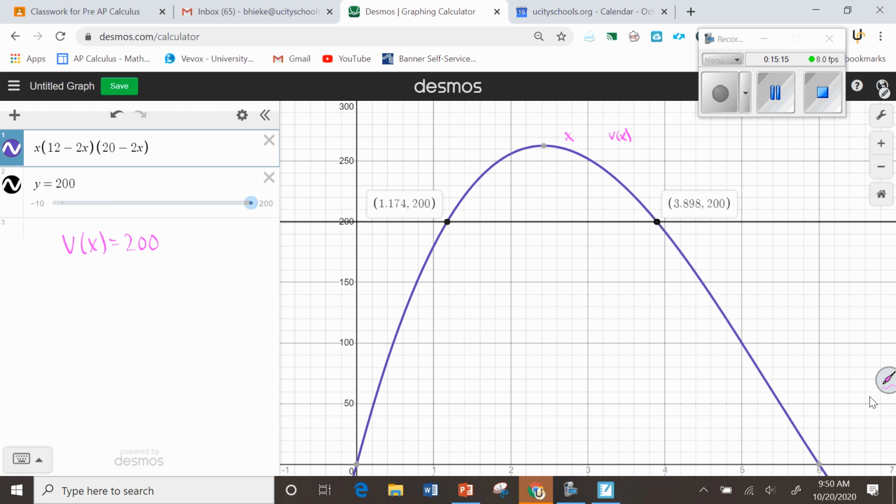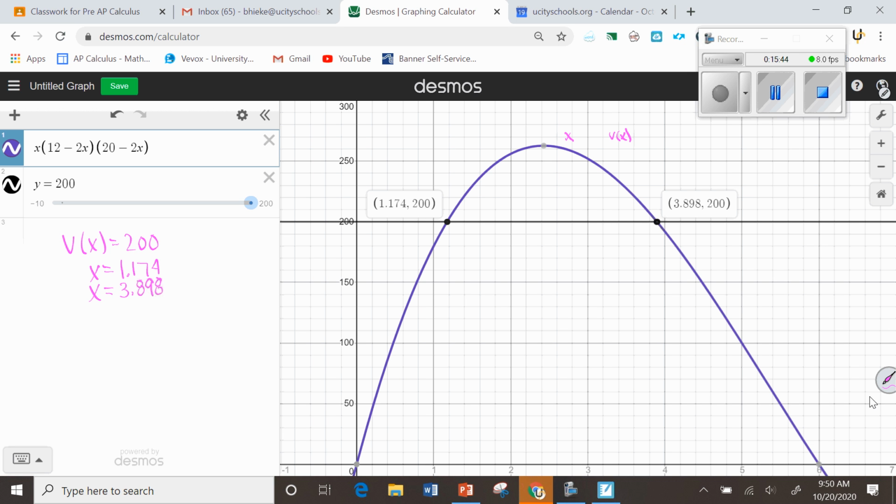This is very similar to the greater than and less than 0 problems we've done. So the side length of the square that equals a volume of 200 is 1.174, or we could get bigger on the other side and do 3.898. Please don't call that 4 because it's not 4, it's 3.898. Or 3.9, it's not 3.9.